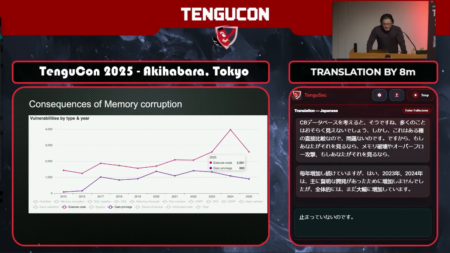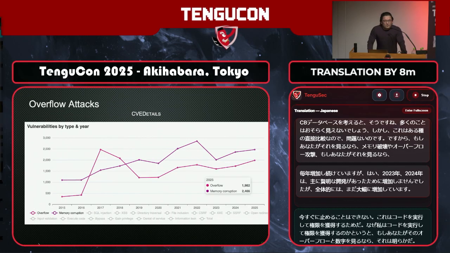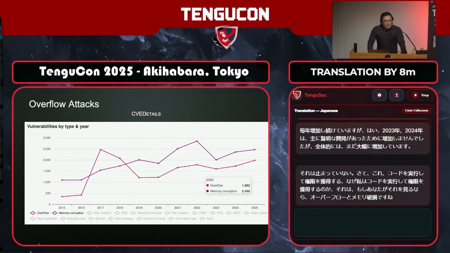Now, why did I put executing code and gaining privileges? Because overflow and memory corruption are one of the main trigger points, whether for black hats or good guys, vulnerability researchers.